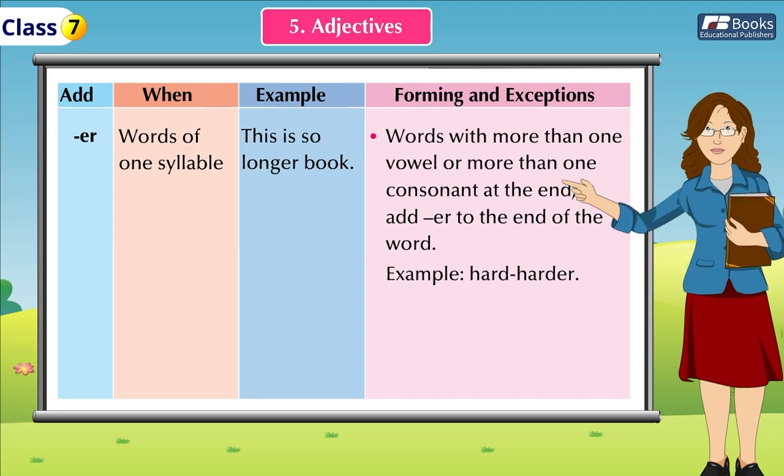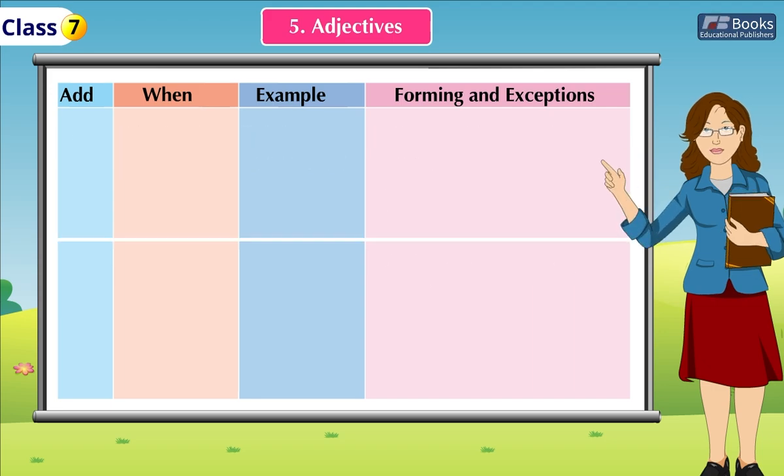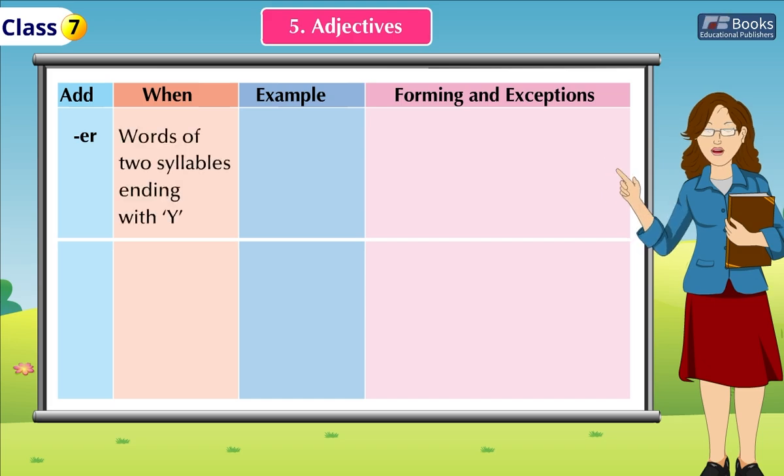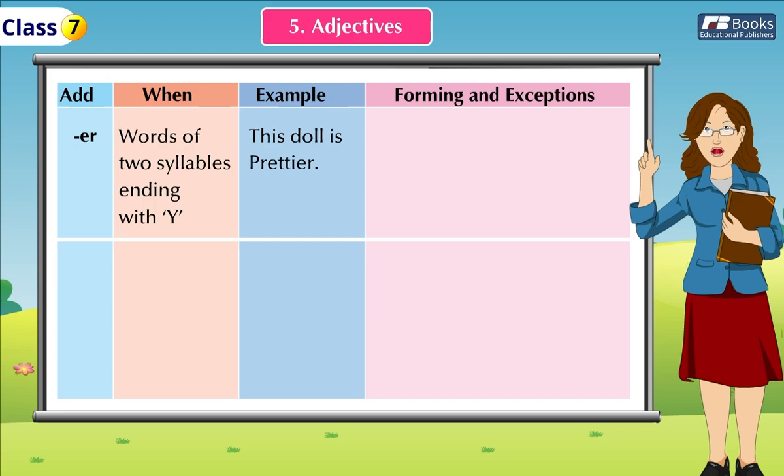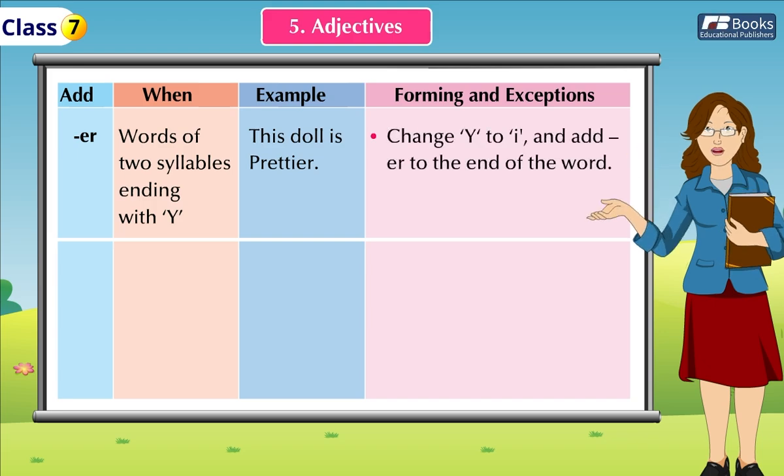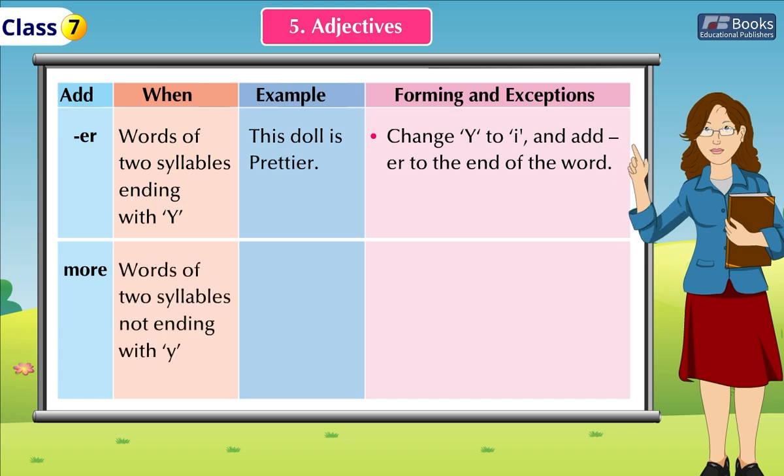Example, hard, harder. Add er when words are of 2 syllables ending with y. Example, this doll is prettier. Forming and exceptions: change y to i and add er to the end of the word. Add more when words are of 2 syllables not ending with y.